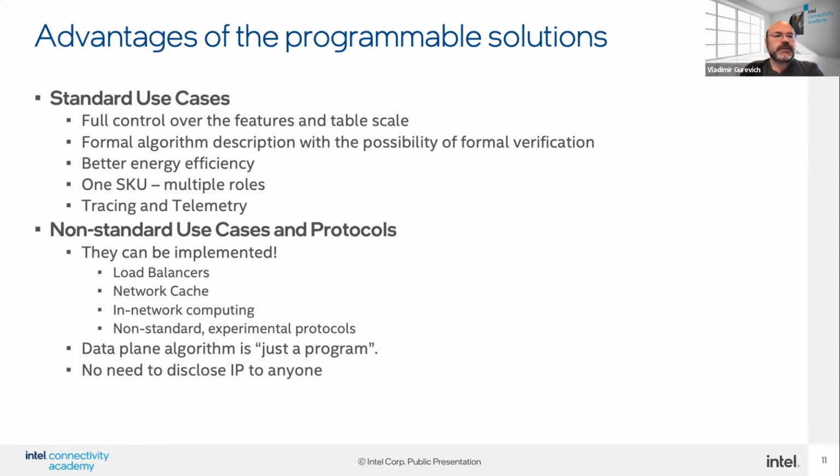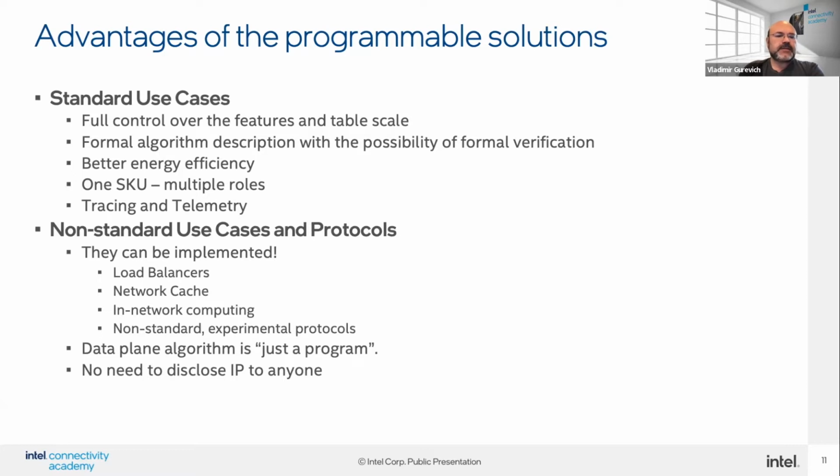Programmability also made it practical to do tracing and telemetry, because now we could control which kind of results we can export from our data plane programs, and those results would start making sense. And of course, innovation-wise, we can now implement a lot of non-standard cases.